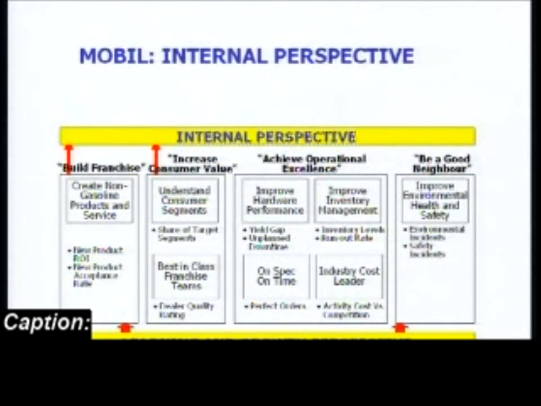They introduced new gasoline products and services through gas stations that provided extra support and items for customers, to increase the consumer value, to understand consumer segments, and to establish a support for the dealer that would enable the dealer to profit not only from selling Mobil gasoline, but also from selling other food and other convenience items from the store.